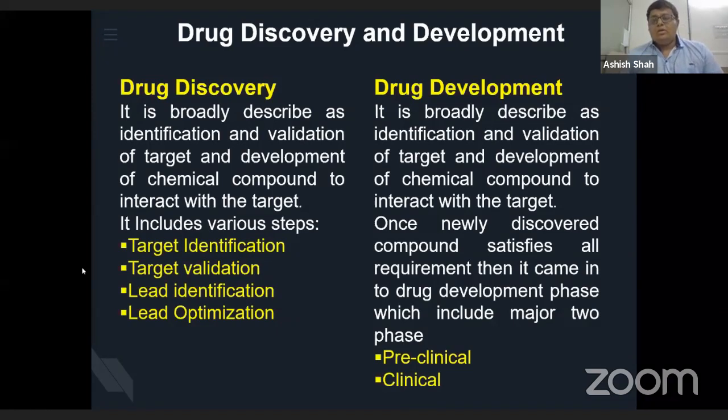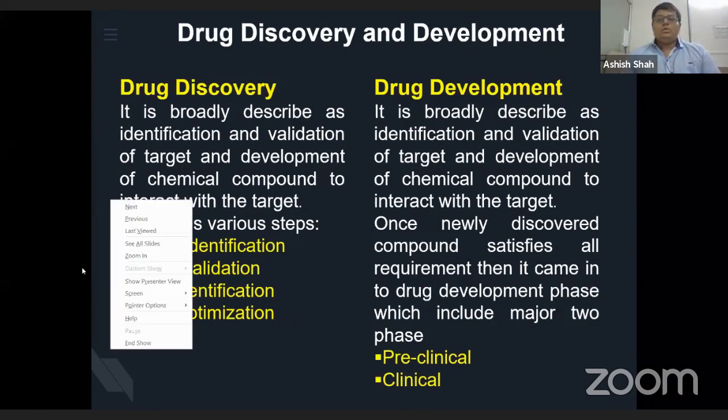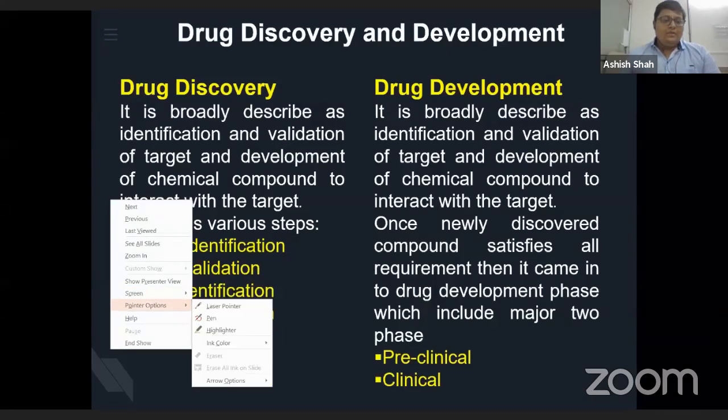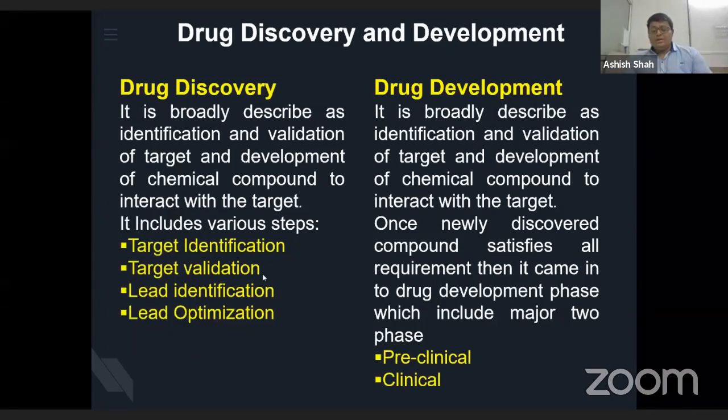Drug discovery includes target identification, target validation, lead identification, and lead optimization techniques. Drug development includes majorly two categories, preclinical and clinical studies. So remember, these are two different terms.